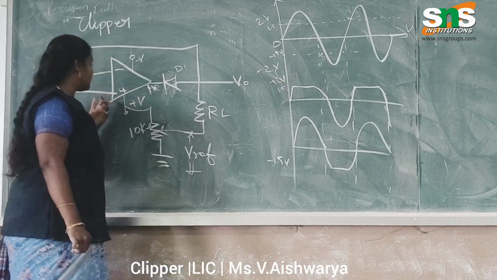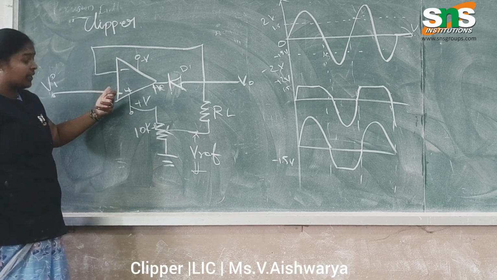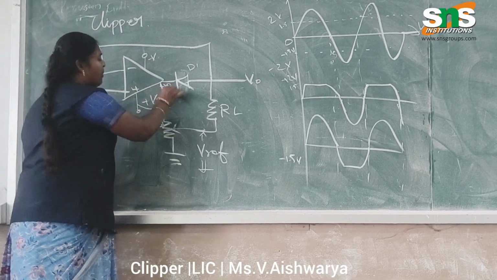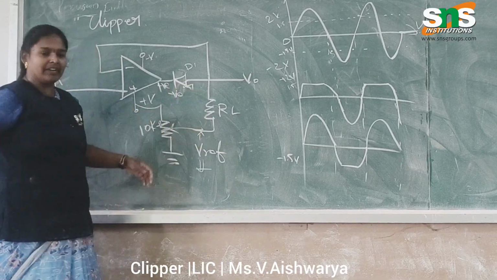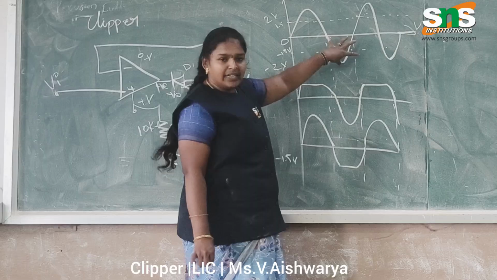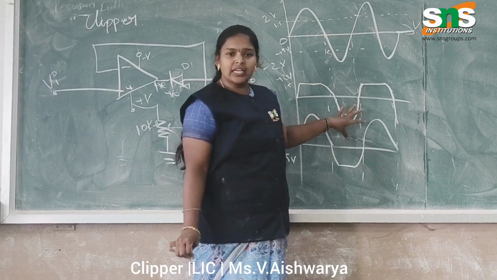But for the negative half cycle, applied to the non-inverting terminal, negative plus plus into minus, the minus signal means the diode will be activated, so the same signal given at the input is produced at the output.